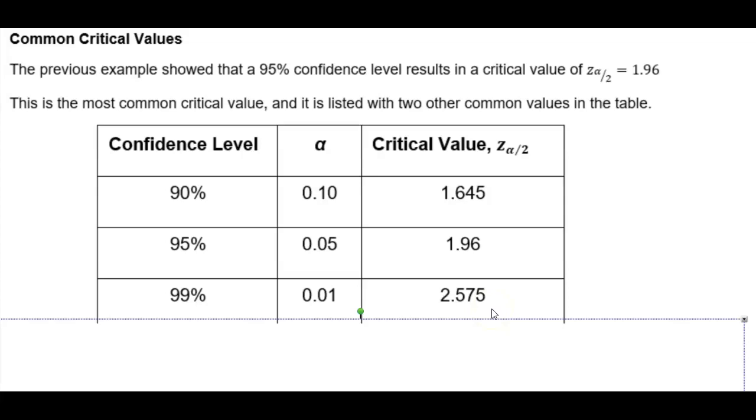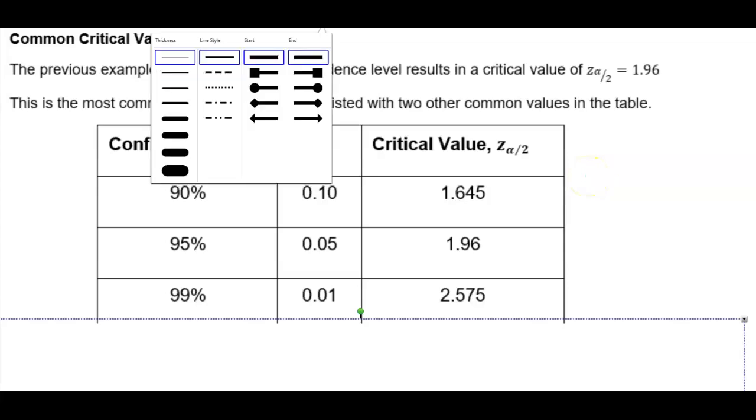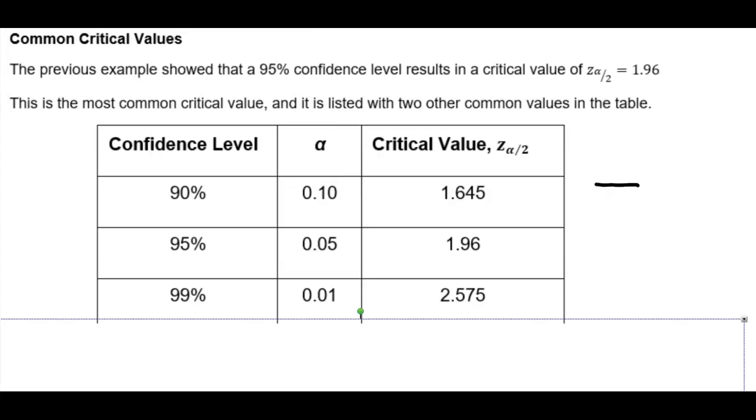Let's go ahead and take a look at the 90%. Think of the bell curve, and we want to find the 90% that's in the middle. Step 1, we know we're looking at 90%. Now, what does alpha equal? Alpha equals 1 minus 0.90, which is 0.10.